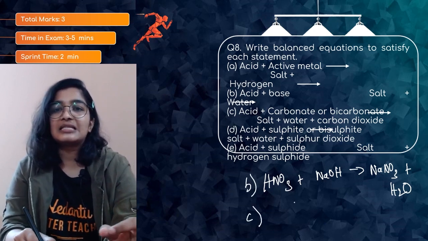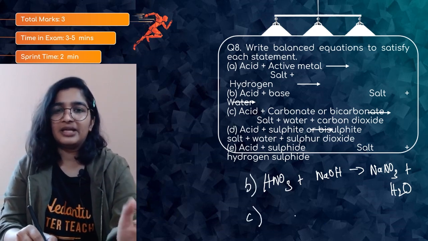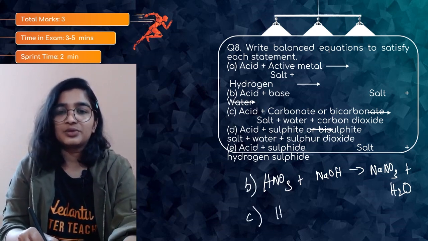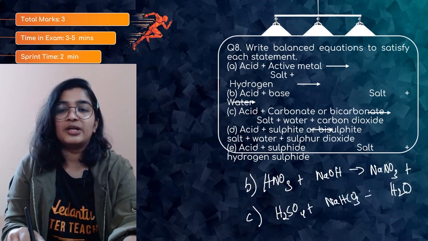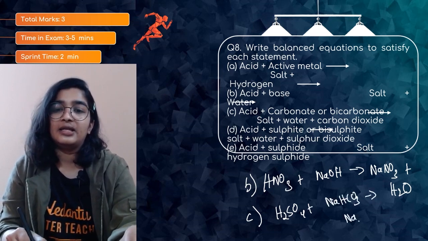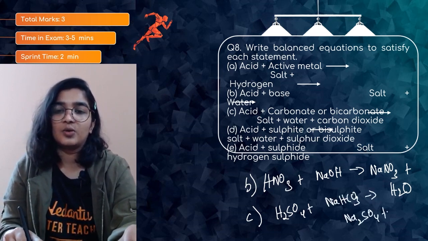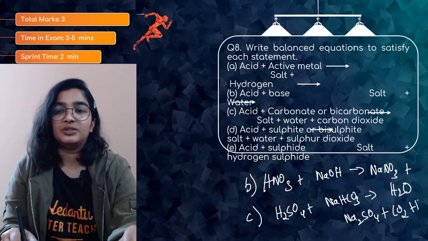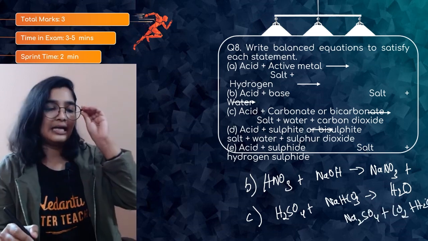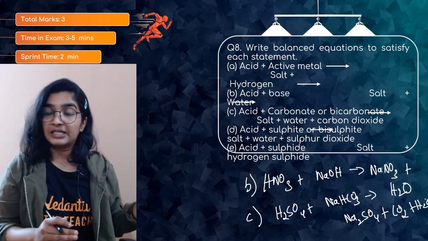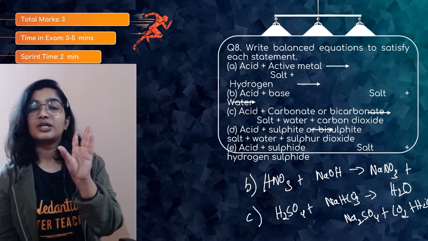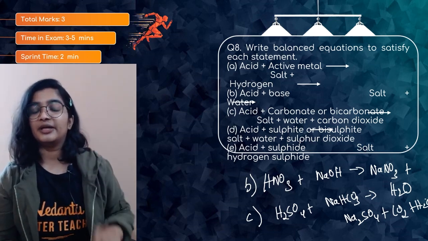C is acid plus carbonate or bicarbonate. You can take anything. So I'll take H2SO4 plus NaHCO3. What are the products? Na2SO4, CO2 plus water. Whenever an acid reacts with a carbonate or bicarbonate, which are basic in nature, you will get 3 products: salt, water, carbon dioxide.